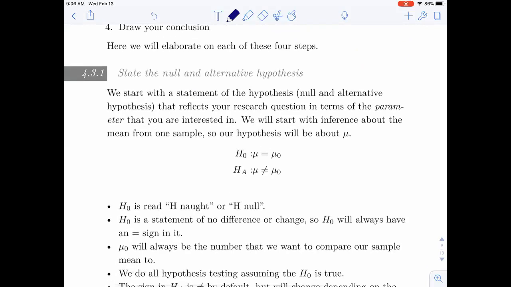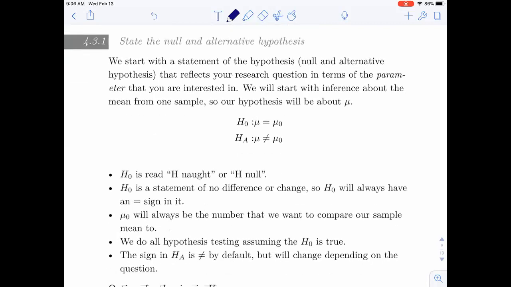In these subsections, I've gone through and talked about each of these steps, everything that you might need to know about each of them. Step 1 was to state the null and alternative hypothesis.